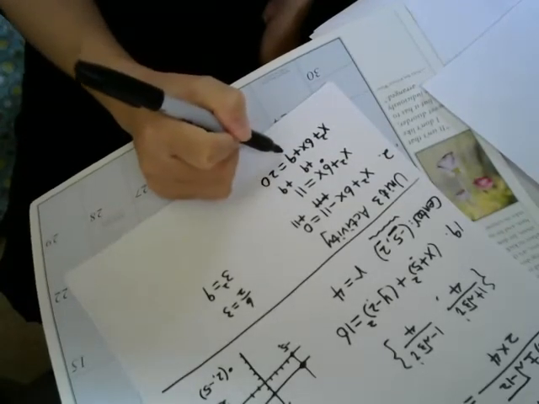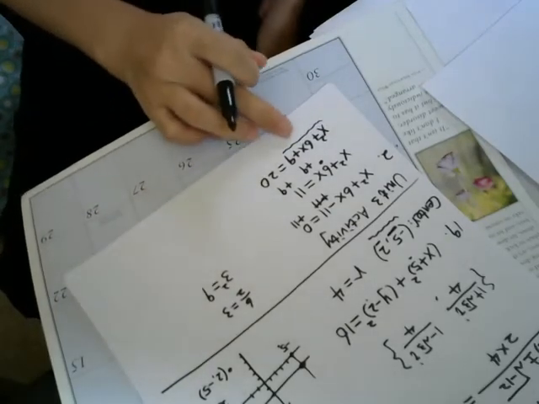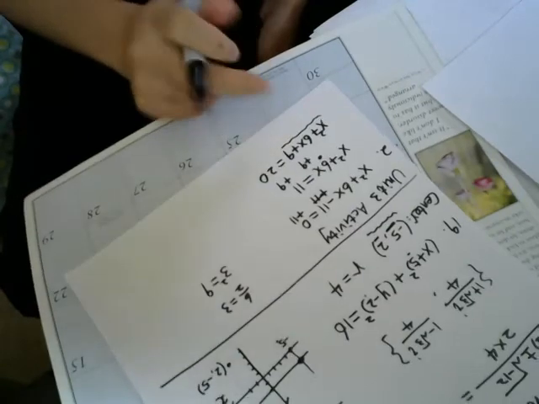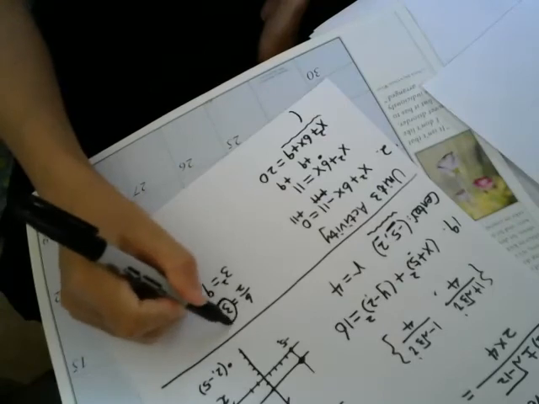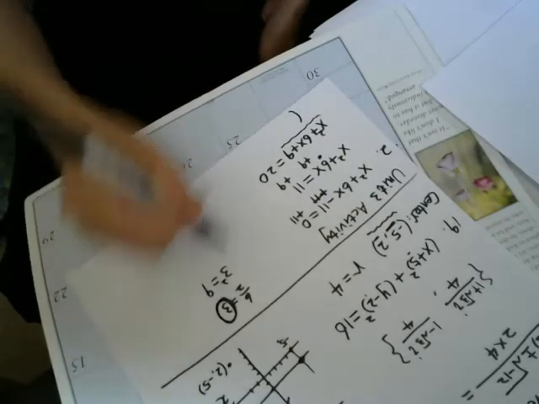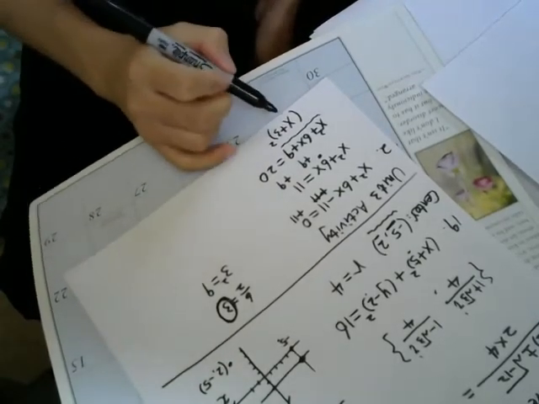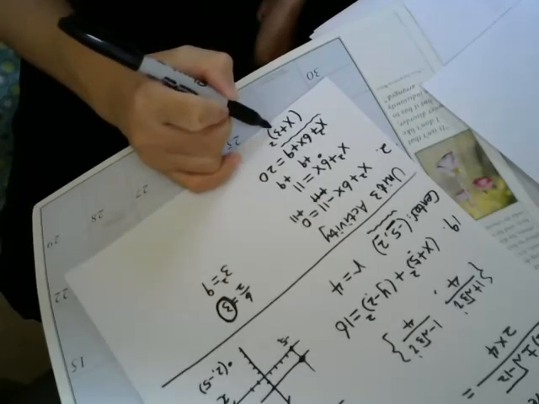The reason we add 9 to both sides is that on the left side, this makes a perfect square. You need to remember this 9 is from 3 squared, so it becomes (x + 3) squared. So the left side is a perfect square equal to (x + 3) squared.